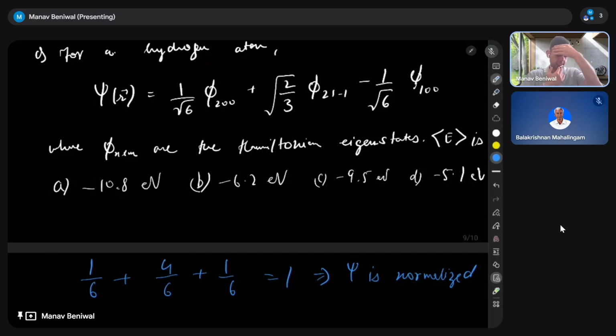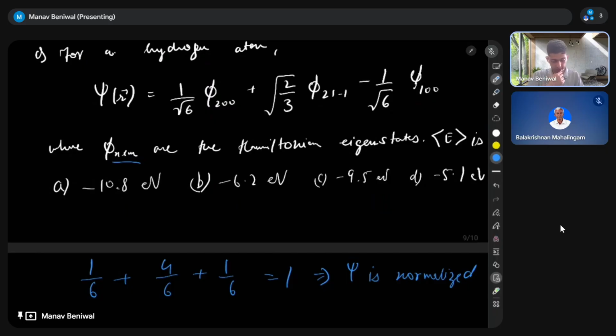Now second thing is that these phi, they have these subscripts, right? So here you can see 200, 2 1 minus 1, and 100. Now these subscripts correspond to the eigenvalues of n, l, and m.